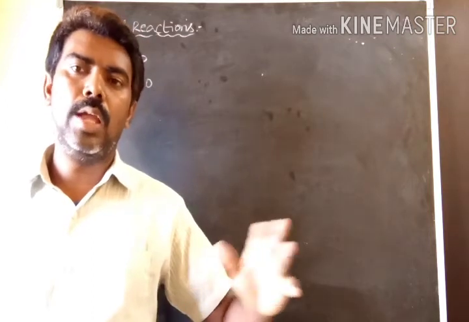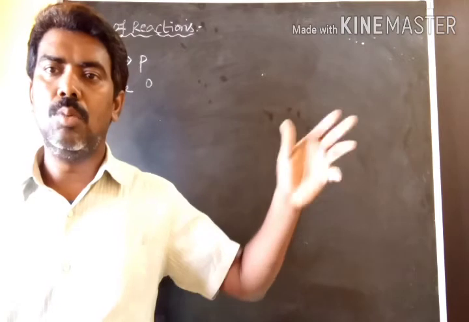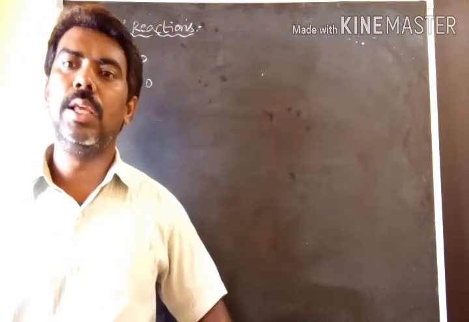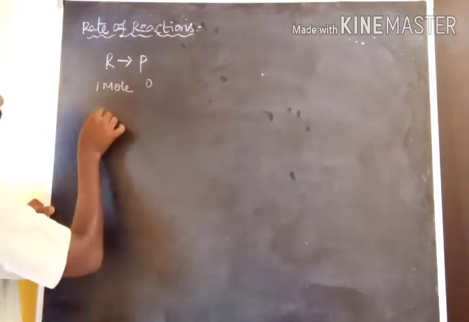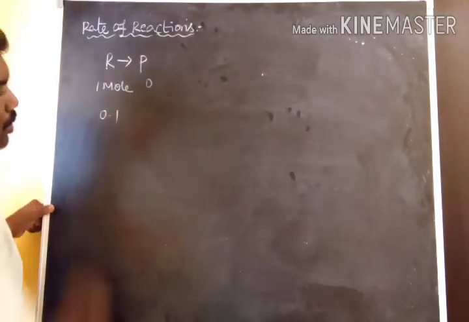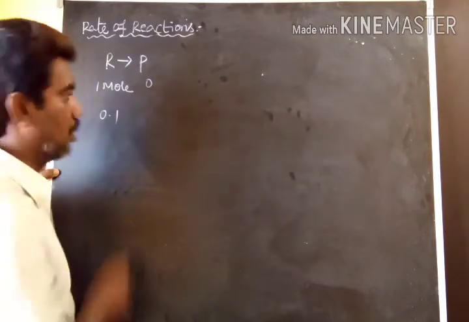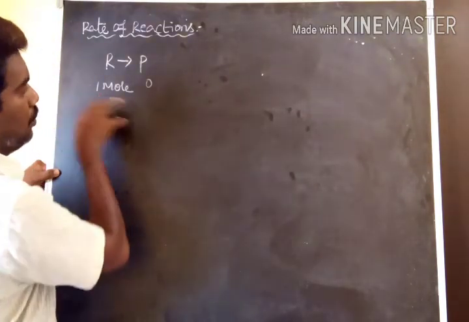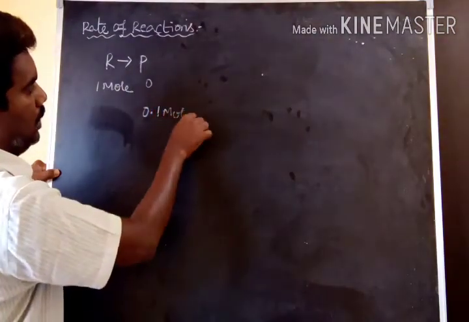During the conversion of reactants to products, the amount of reactants gradually decreases and the amount of products gradually increases. Out of 1 mole of reactant, maybe 0.1 mole is converted into products, so the number of moles of product is 0.1.